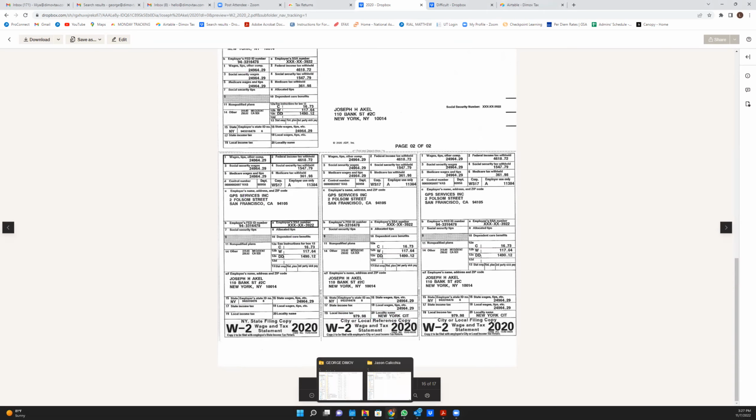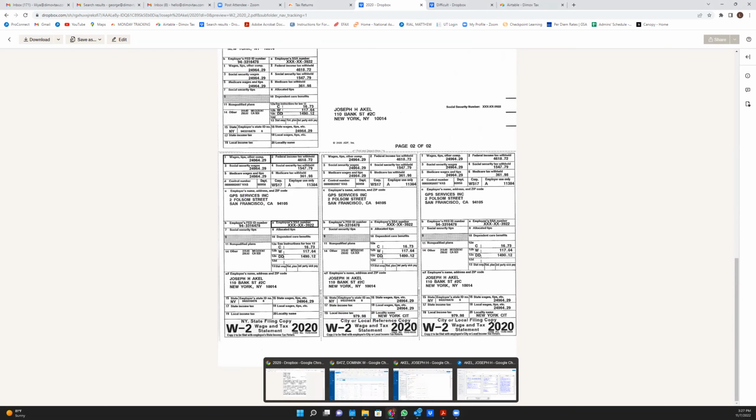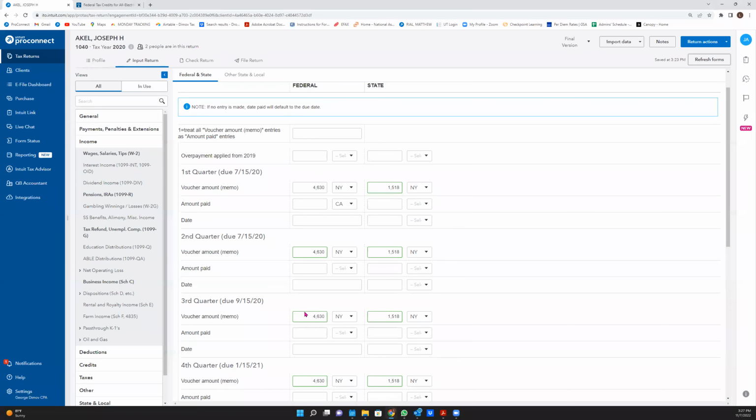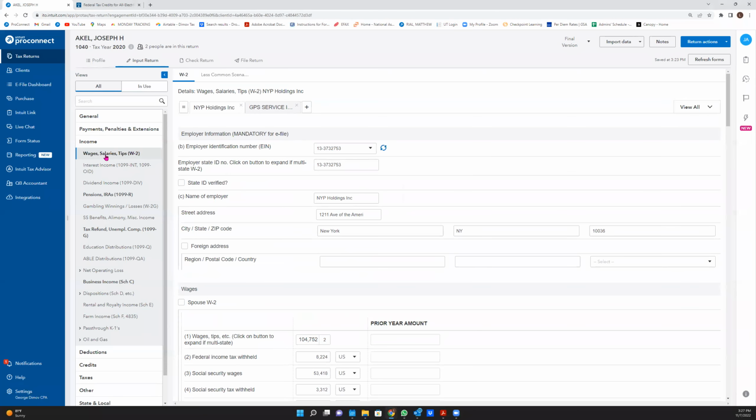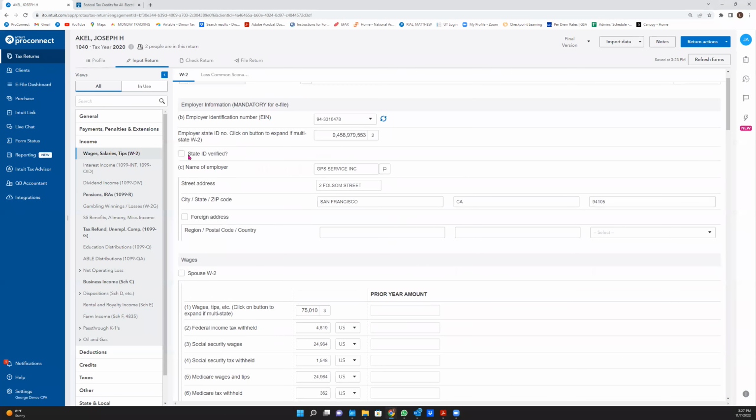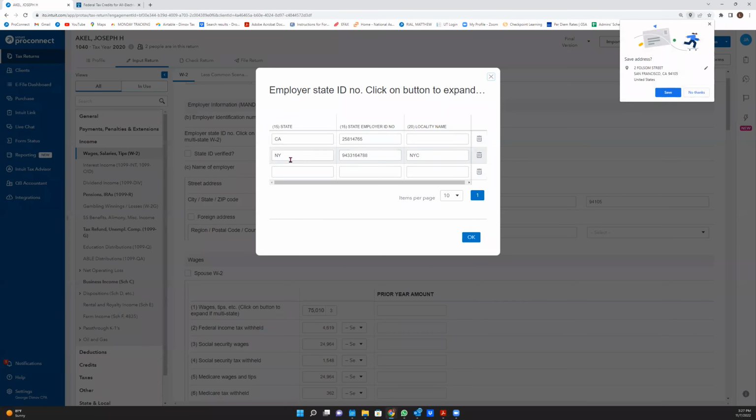So this is going to be input exactly where it says wages. In a way, it is what it is. We just looked at the W-2. So from the W-2, if you see a sign like that, it means it's a list. You're going to see that there's going to be a state employer ID for each state.